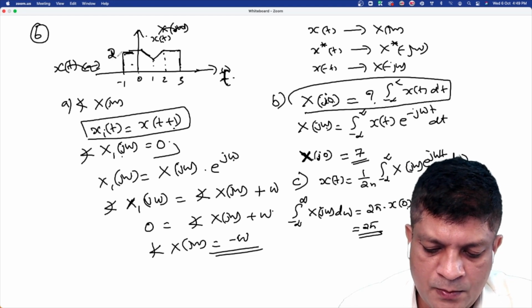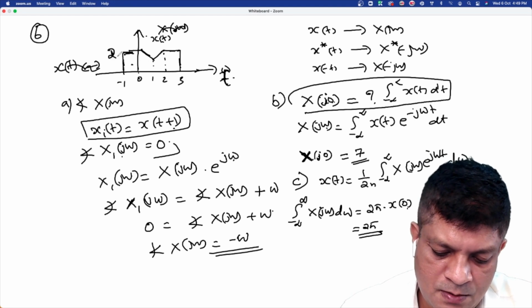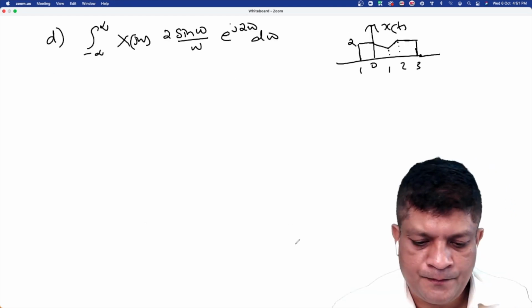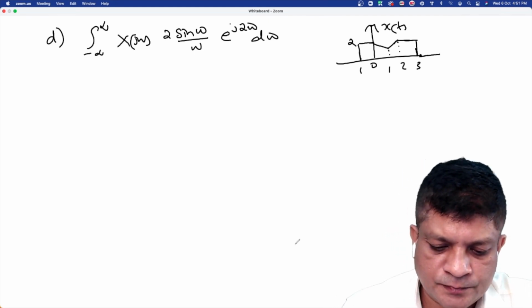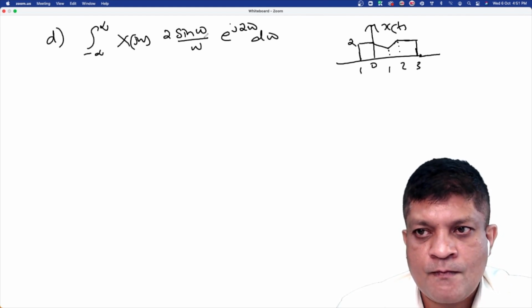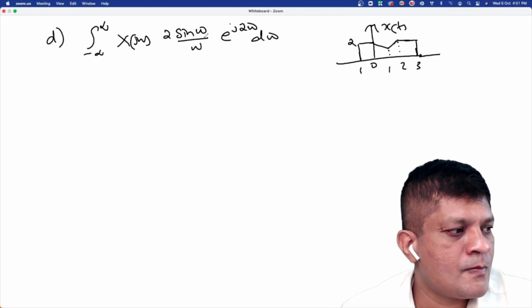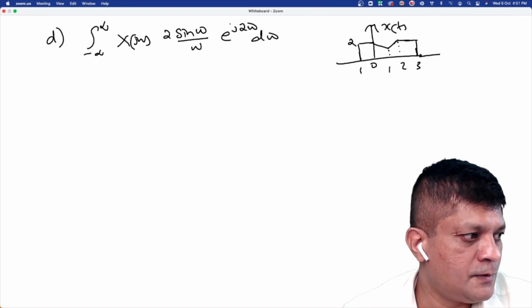Now, can you try the next part of that question, part D? Can you tell me what is the answer? x(t) convolution with a time shifted version of the rect function.